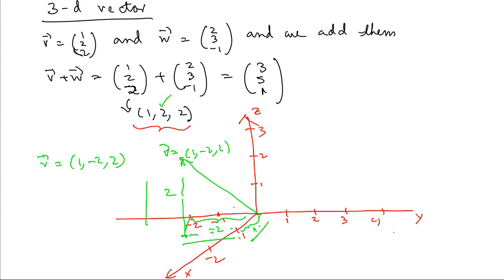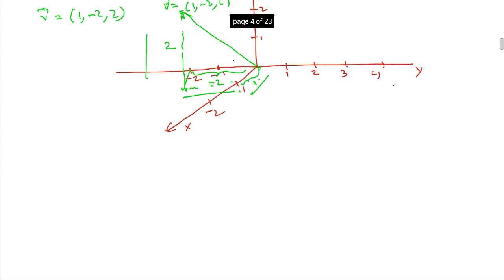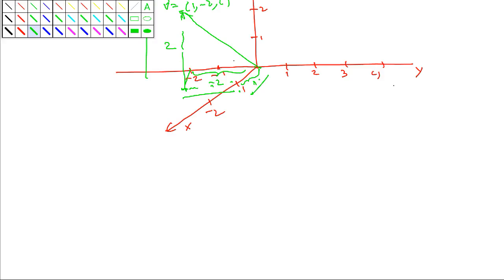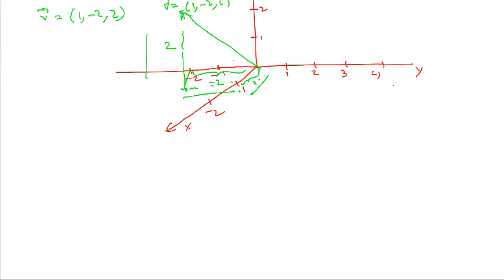Now finally, we are going to show you that you can do linear combinations on 3D vectors as well. Use the same way. Of course, in this case you have the same scalar multiplication rules and then vector addition. So linear combination with 3D vector.